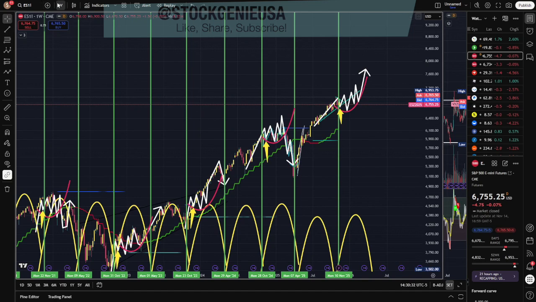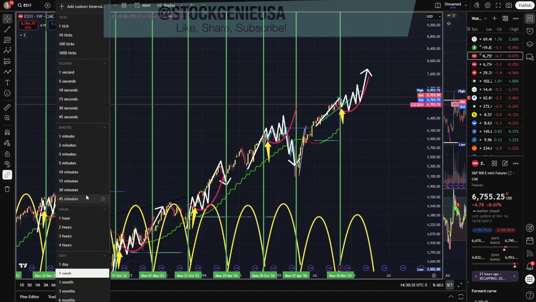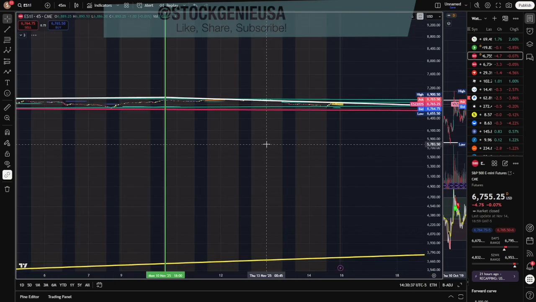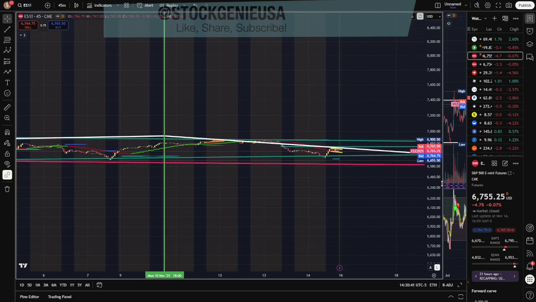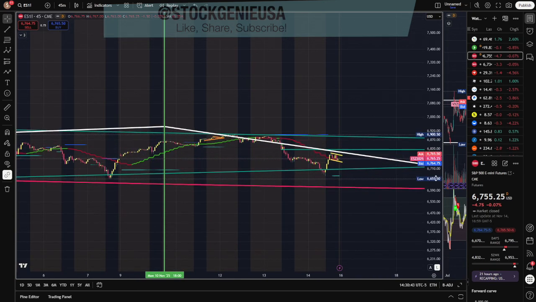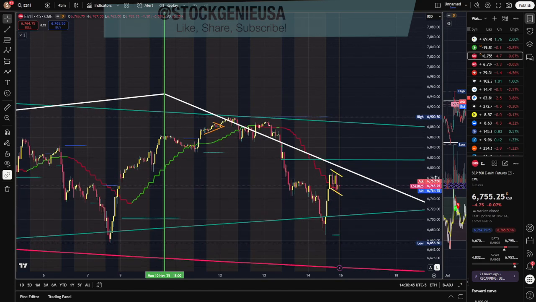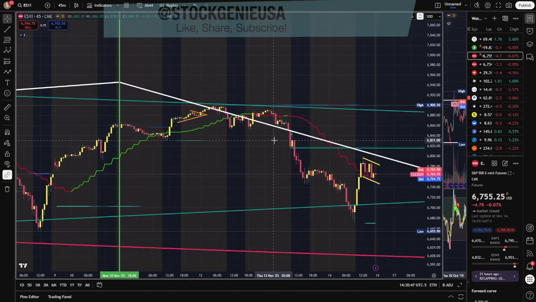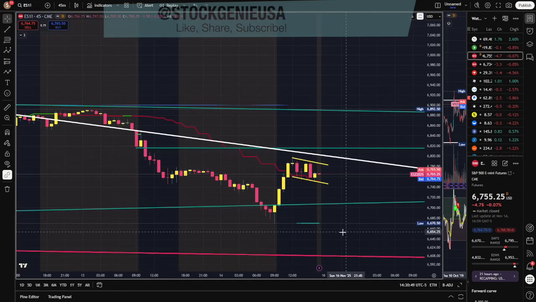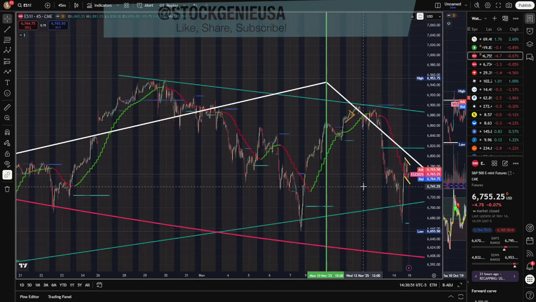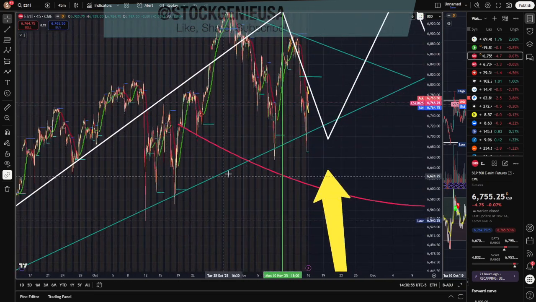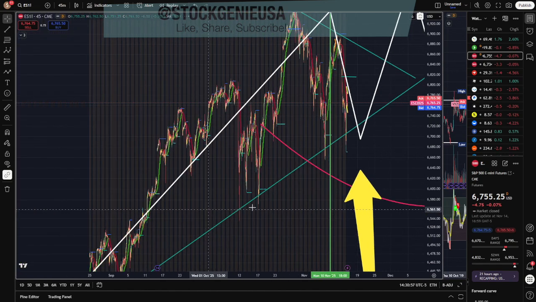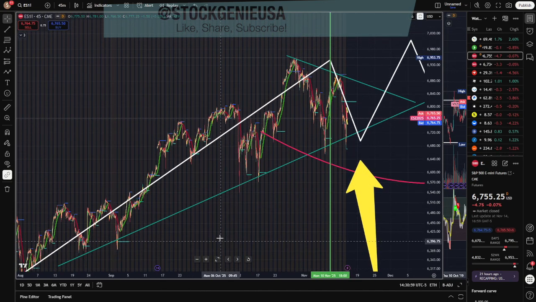All right, so let's zoom in and see what we can see up close that's taking place in this market right now. And what we saw was, of course, a nice bounce off the low, the low coming in right off the trend line. A perfect bounce.